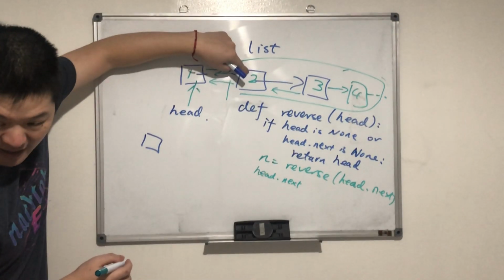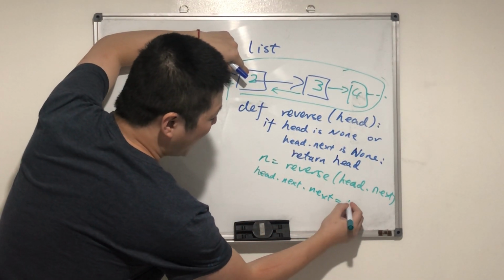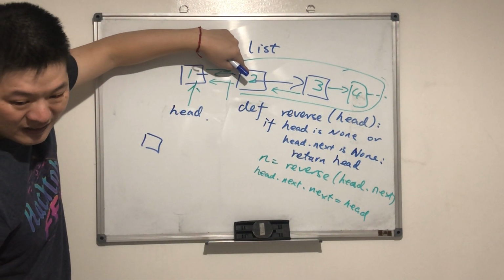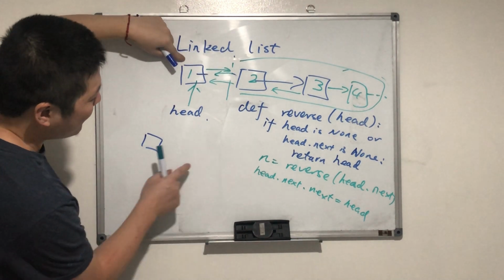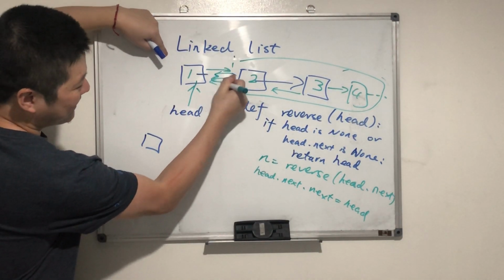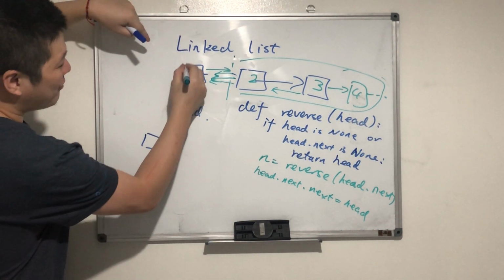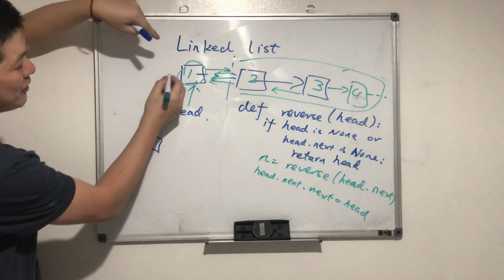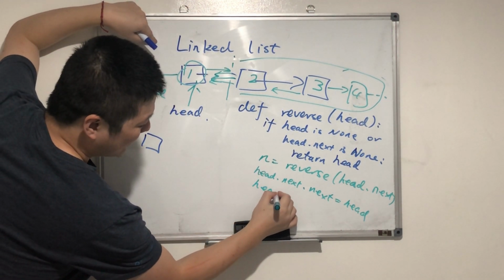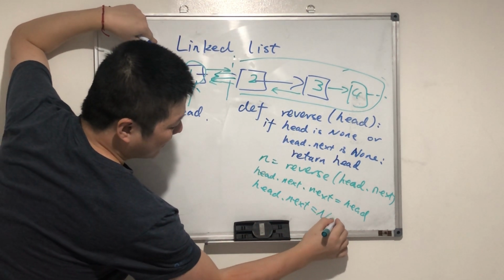And then n dot next needs to point to head, right? So look, head dot next is this one, and then n dot next is pointing to this. This is head. And now what's this pointing to? This is pointing to none, right? So head dot next equals none.